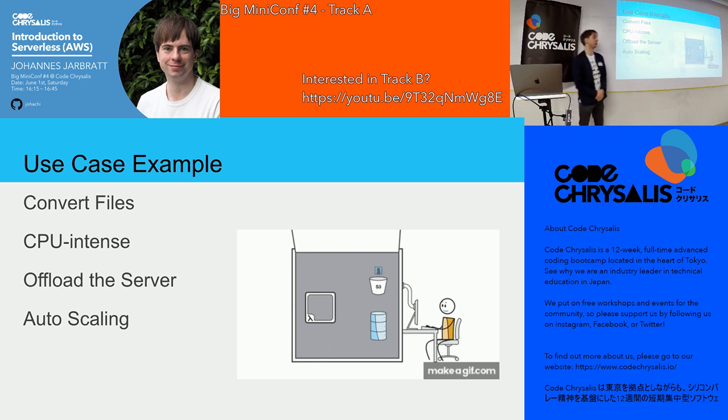So PDF conversion is quite CPU heavy, and if you get a big load, your system will be all loaded and it will probably crash, unless, of course, you build out so you have the server capacity to do this. But that would mean that you have all this idling time when people are not submitting their resumes, maybe during working days from 8 to 12 in Japan.